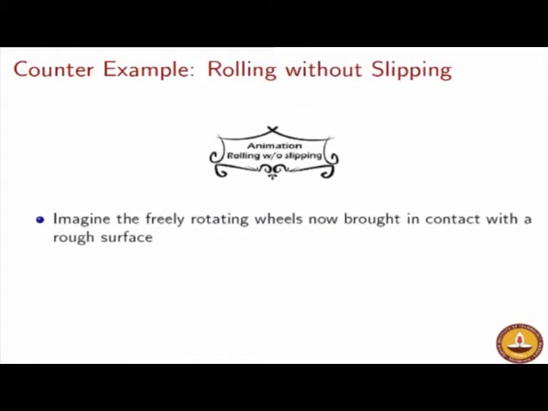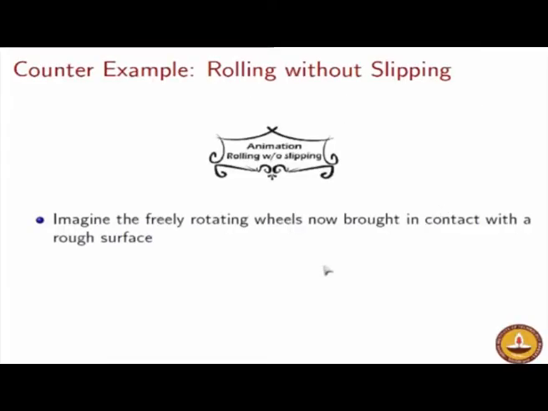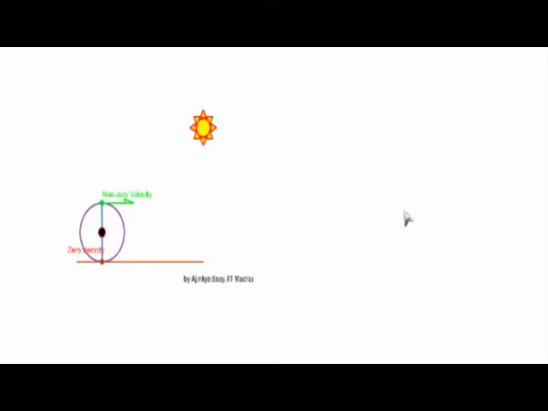To complicate things a little further, consider not just the wheel freely rotating but the wheel tied onto the car, though the car is not shown in the animation that you are seeing. This wheel is rolling without slipping on a frictional surface. What does that mean?